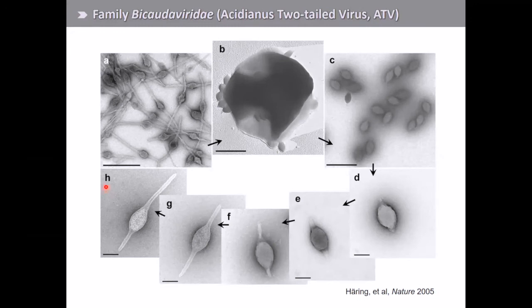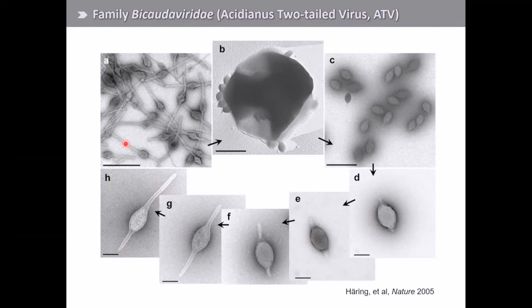And in the case of, for instance, the lemon-shaped virus, these are produced by the cell as baby lemons without the tails, but then once outside of the cell, they undergo a morphological transition, and specifically they grow tails at both ends of the particle, right?